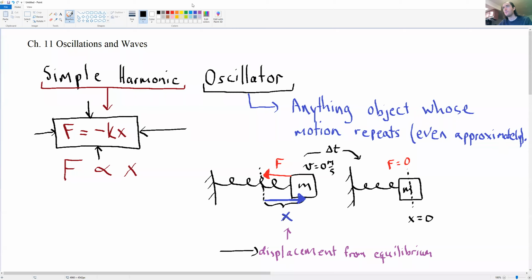Here's the catch, though. I haven't written down the velocity. What is the velocity going to be? In picture 2, what's the velocity going to be here for this mass? Is it going to be 0? Is it going to be to the left? Is it going to be to the right?